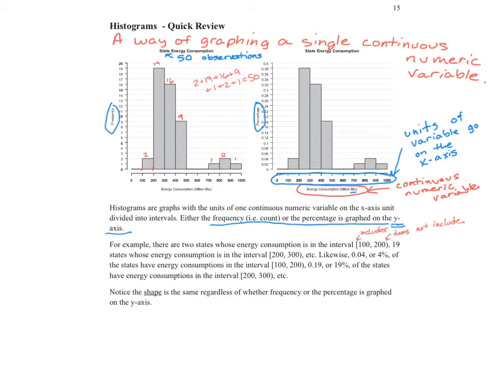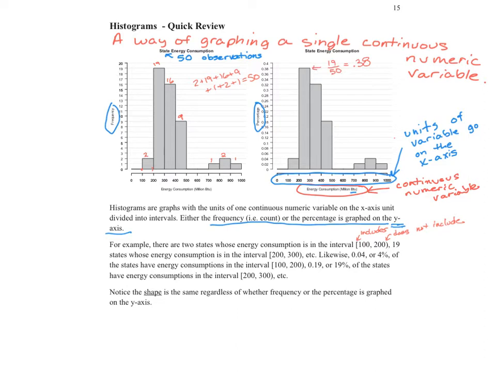So back to our graphs here. The second graph has percentage, which is expressed in the decimal form on the y-axis. And on this graph, the heights of the bars, so this one goes up to 0.04, so there's 4% in this interval. This bar goes up to 0.38, so there's 38% in that interval.